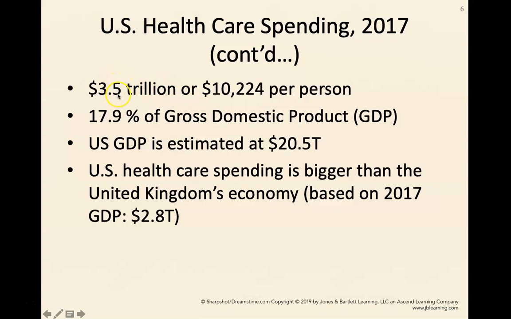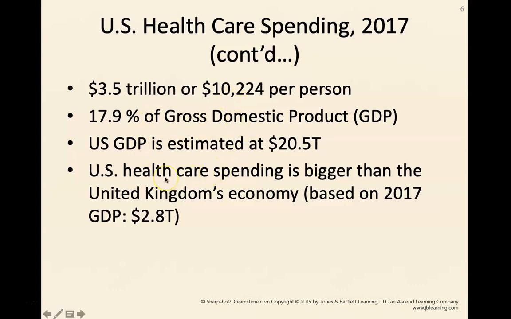That's 3.5. Now 3.5 trillion is 17, close to 18% of this amount. That means almost 18% of our economy is spent on healthcare alone, and it costs about $10,000 per person.